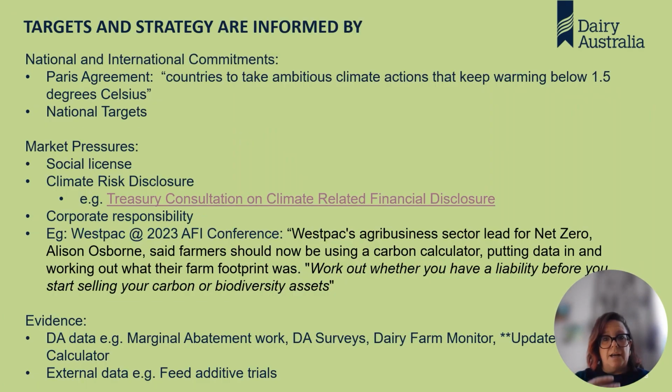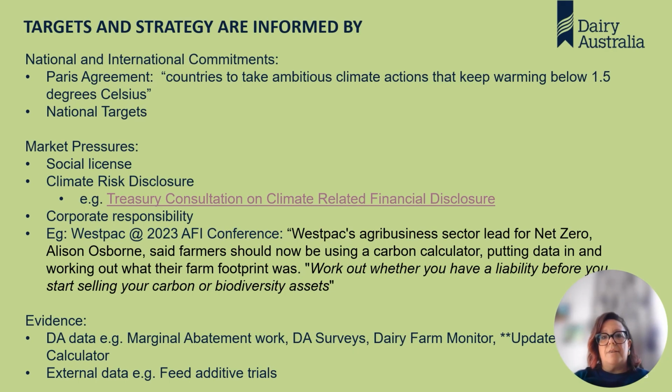Why do we have these targets and strategy? Climate change is a significant global challenge that the whole world, all sectors, are working on to make sure that we limit climate change to impacts that are not going to adversely affect us too much.